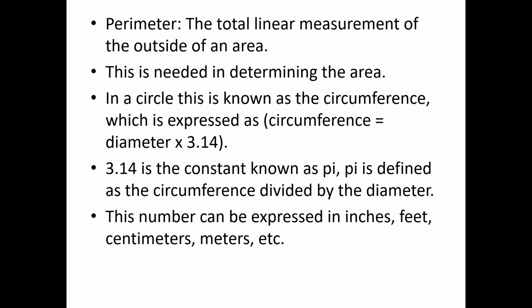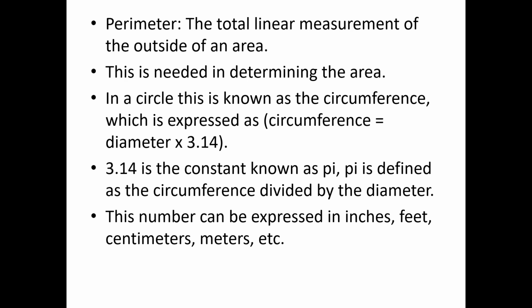But it's one value in a series of values, and we'll get into this. So this is the perimeter. It's used for the weir overflow rate. 3.14 is the constant known as pi, defined as the circumference divided by the diameter. This number can be expressed in anything: inches, feet, centimeters, meters. We're predominantly going to use feet.